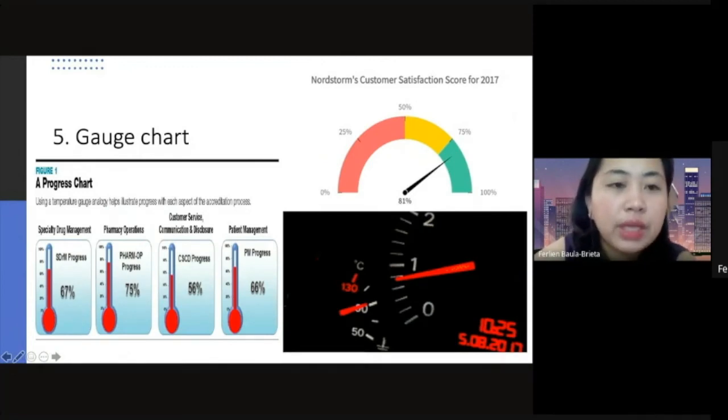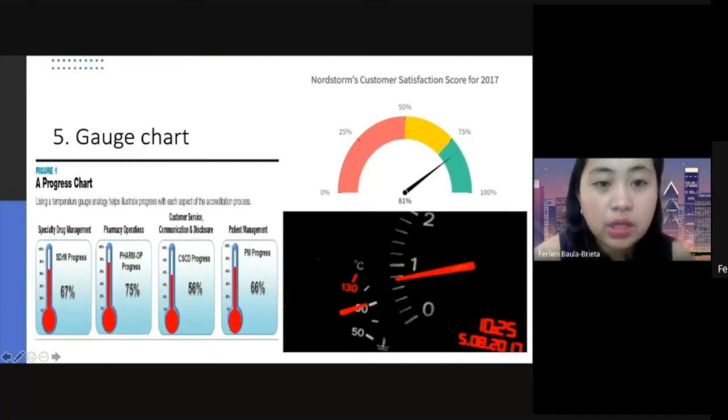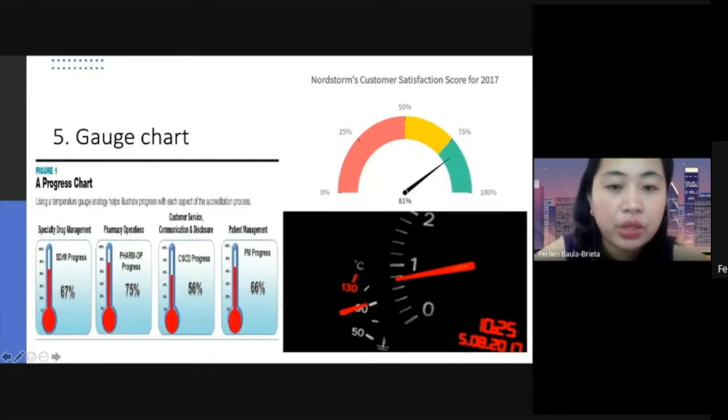So for example here, a progress chart. A progress chart using a temperature gauge analogy will help illustrate progress with each aspect of the accreditation process. So they use a thermometer. We have here specialty drug management, it's at 67%.